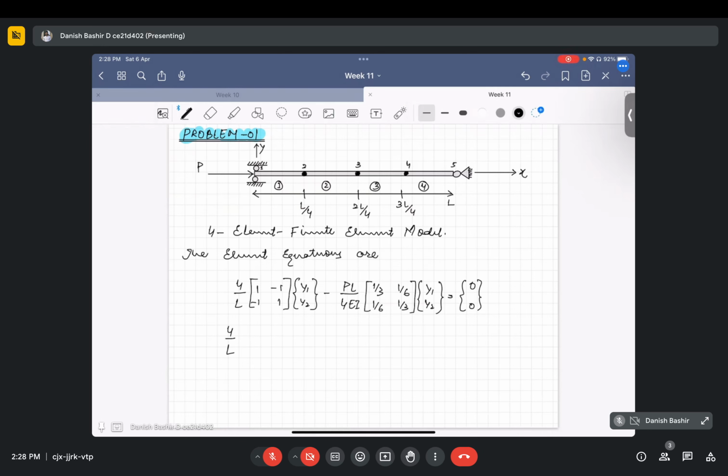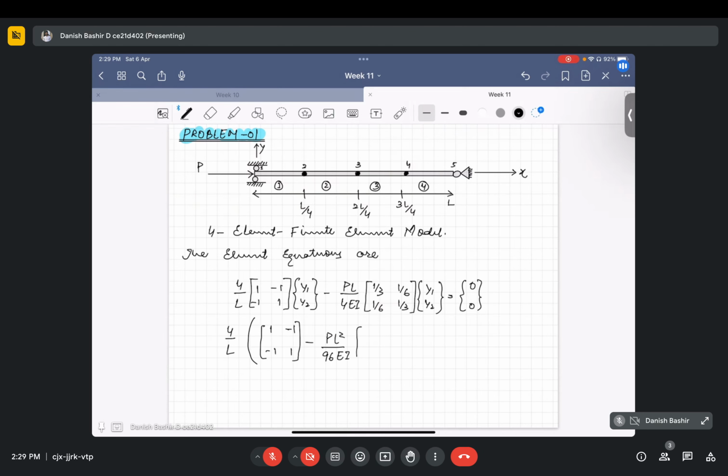Then this will be 1 minus 1 minus 1 1, y1 y2, and the other term, when you take 4 by L common, will be PL square by 96 EI.